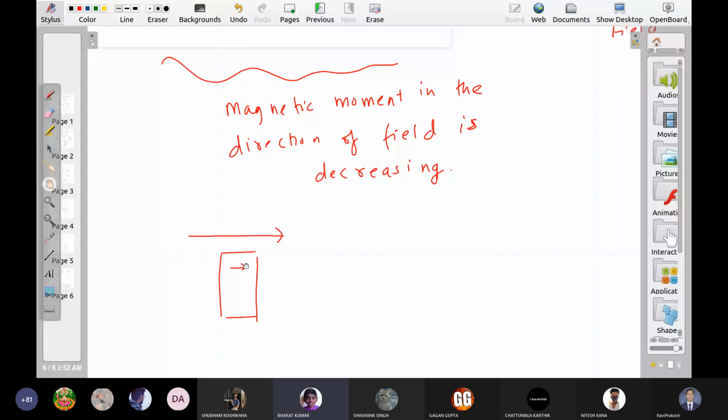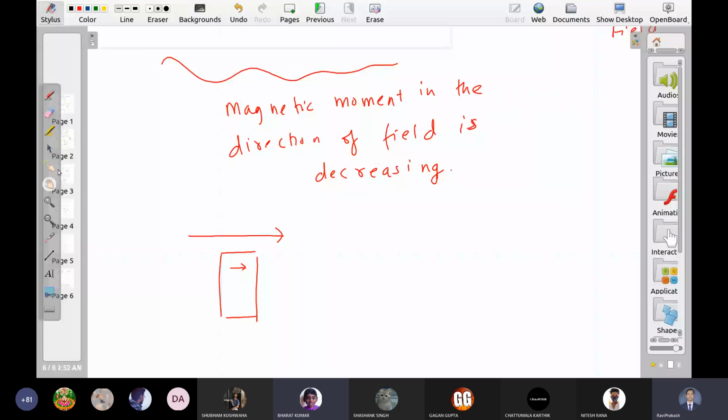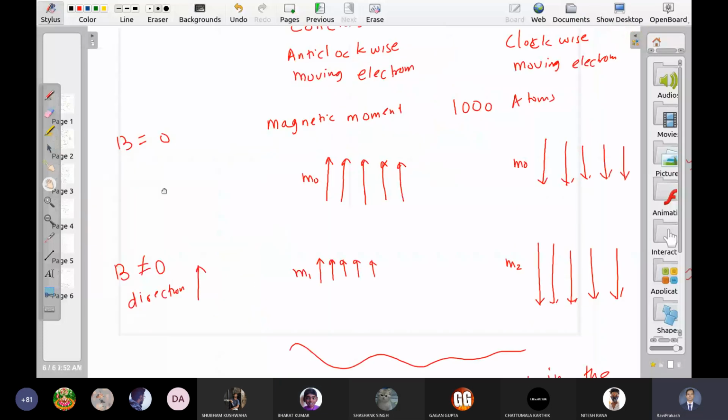Sir, can you please explain the last line? All right. See, let us say we did not apply any field. There is no magnetic field. It means there are millions of atoms in the sample, and each atom has many electrons in various orbits. Some electrons are moving clockwise, some are moving anti-clockwise, right?